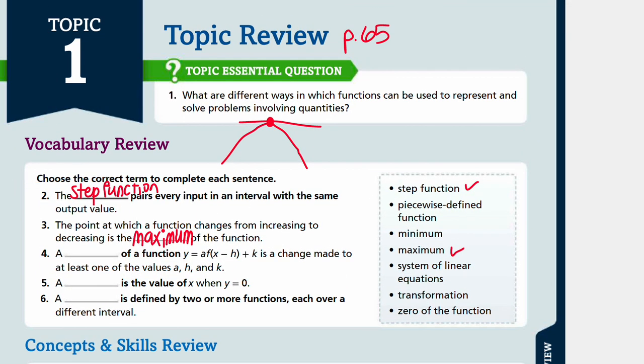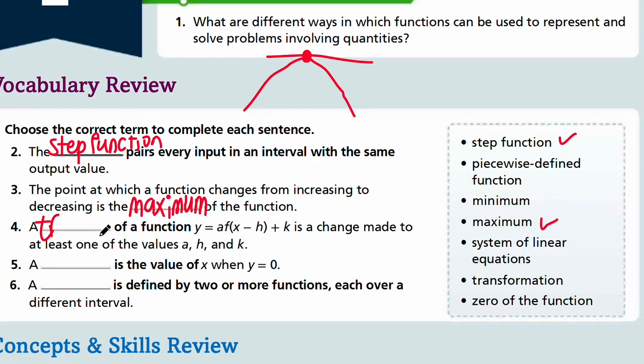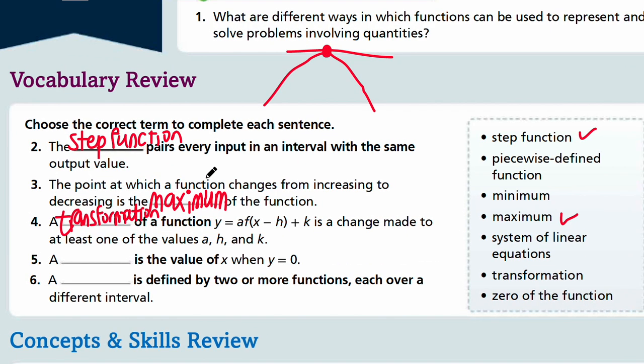So it is a transformation of a function. Let me zoom in. Okay, and then number 5, a blank is the value of x when y is equal to 0. We just talked about it, right? Zero of the function is the value of x when y is equal to 0.